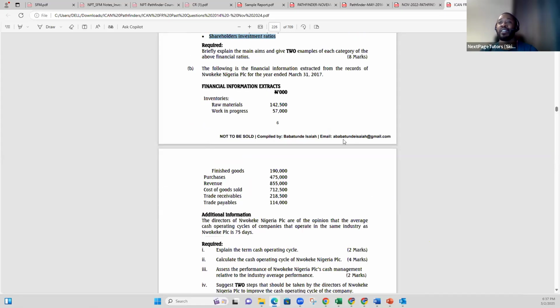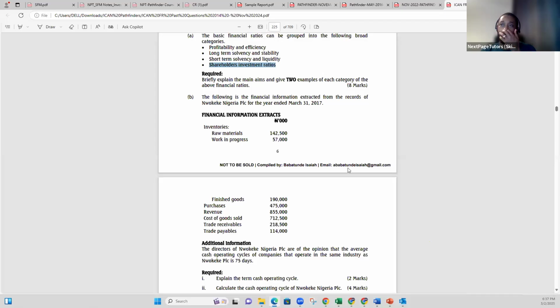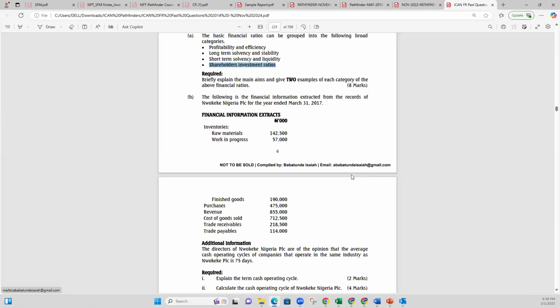8 marks. Quick one on the B part. Somebody read through. The following is the financial information extracted from the records of ACCA Nigerian PLC for the year ended March 31, 2017.